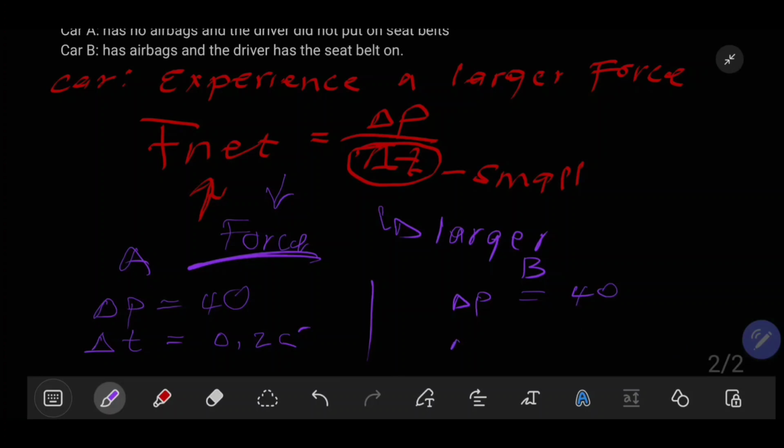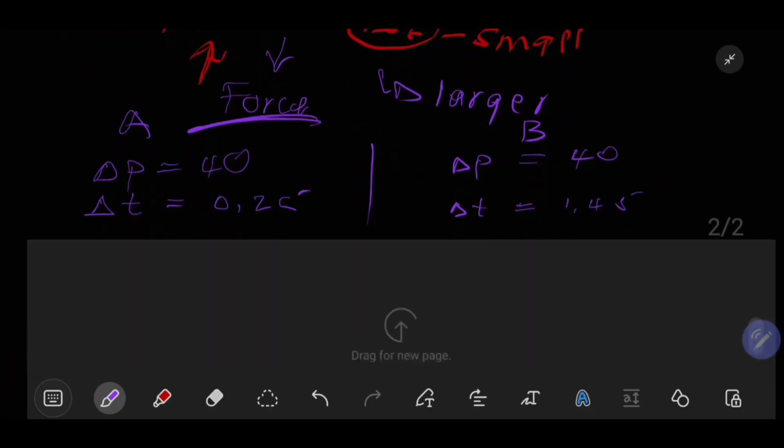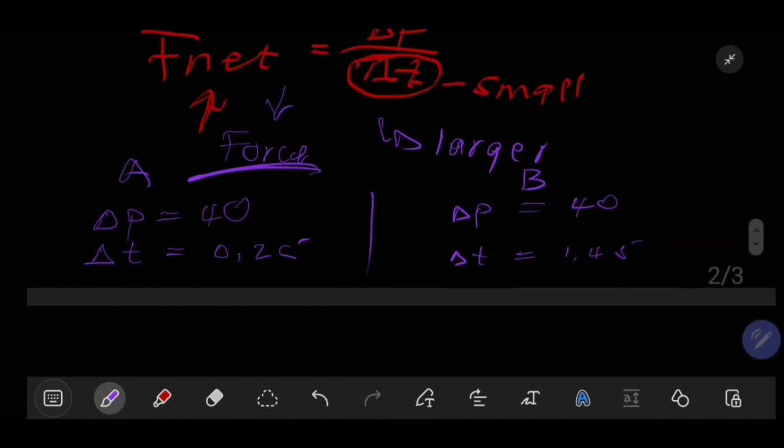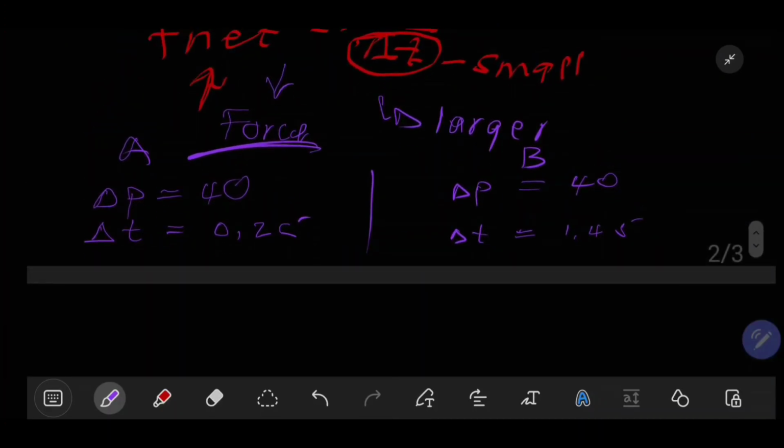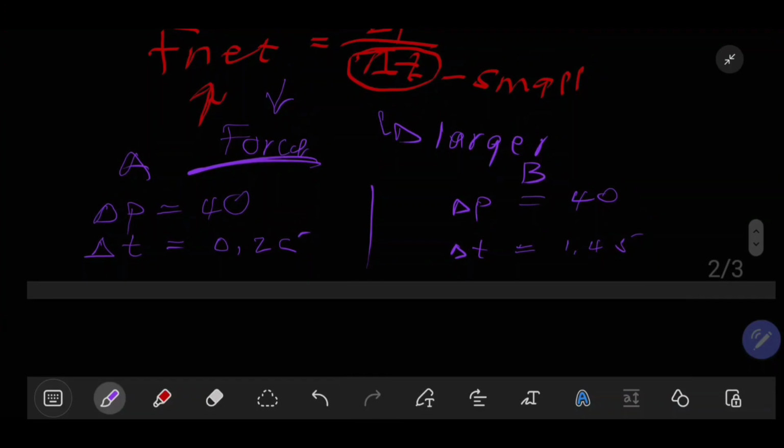And then the change in time, because that one has airbags, obviously the driver will not crash immediately, but it will take a longer time. Let's suppose it takes 1.4 seconds. Okay, so when we calculate this, I want to show you the effect of time.